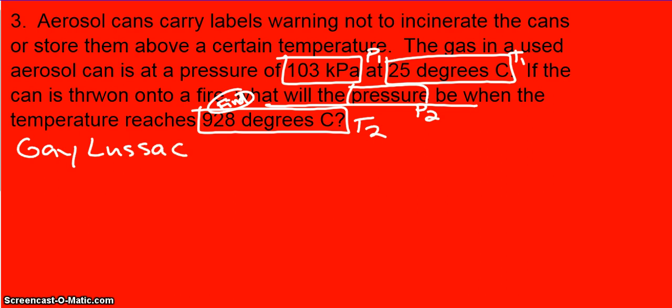So noticing here that there's no indication of anything about volume, we're looking at Gay-Lussac's law with pressure and temperature. Again, because we have temperature involved, we must convert to Kelvin from our Celsius, so we're going to do that for both values.